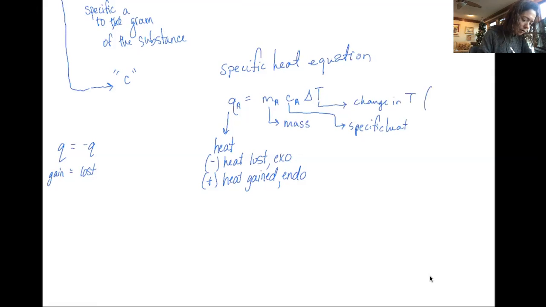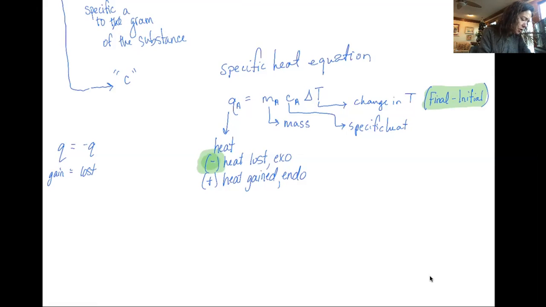And it needs to be the final minus the initial, so that you get the correct positive or negative for your Q value. Because if heat was lost, then we should see this be a negative value, where our final temperature is lower than our initial temperature, and therefore when we solve for Q, it should be negative, right? So it's important that you do the final minus initial. It's important that you pay attention to that, all right? A lot of students don't.